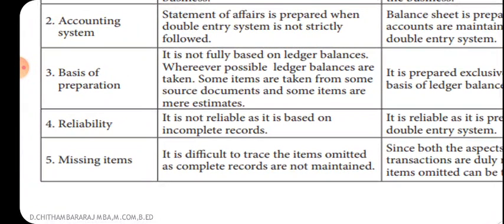Then missing items. It is difficult to trace the omitted items as complete records are not maintained. Missing items cannot be traced easily in the statement of affairs.